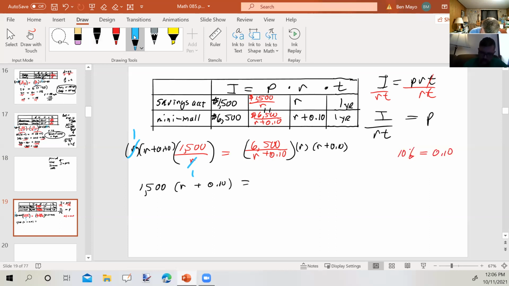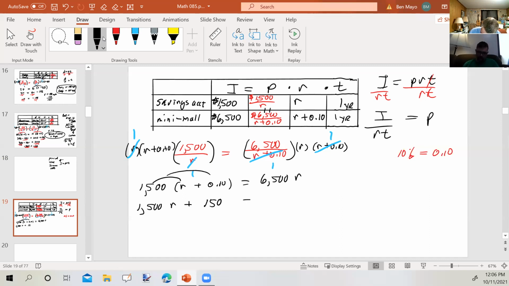On the right side of the equation, the R plus 0.10 reduced down to 1/1, and we're left with 6,500 times R. So now that we've cleared the fractions, on the left side distributing, we get 1,500 R plus 1,500 times 0.10 would be 150.